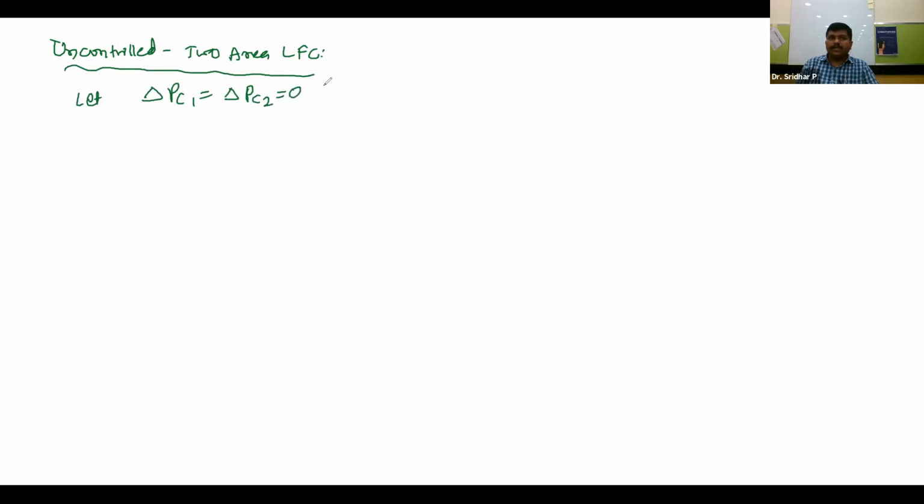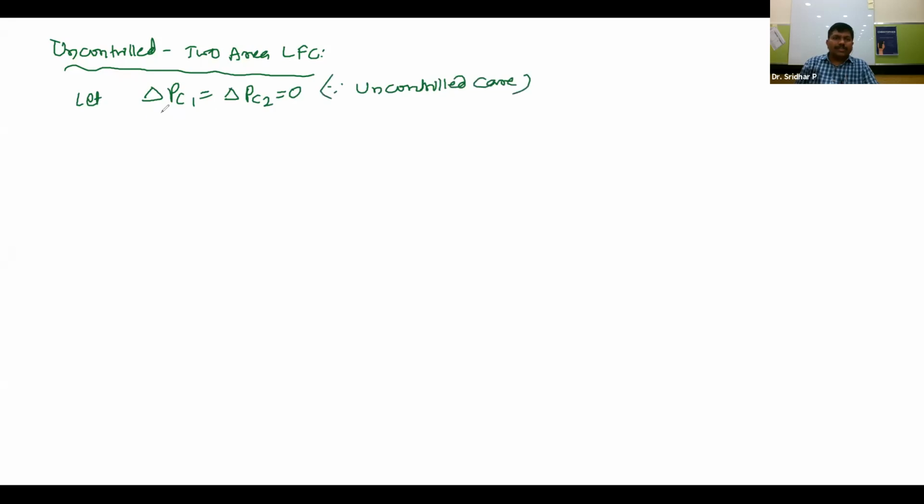So in the uncontrolled case, this is the uncontrolled two area LFC. First, let's assume delta PC1 is equal to delta PC2 is equal to 0, since this case is the uncontrolled case.